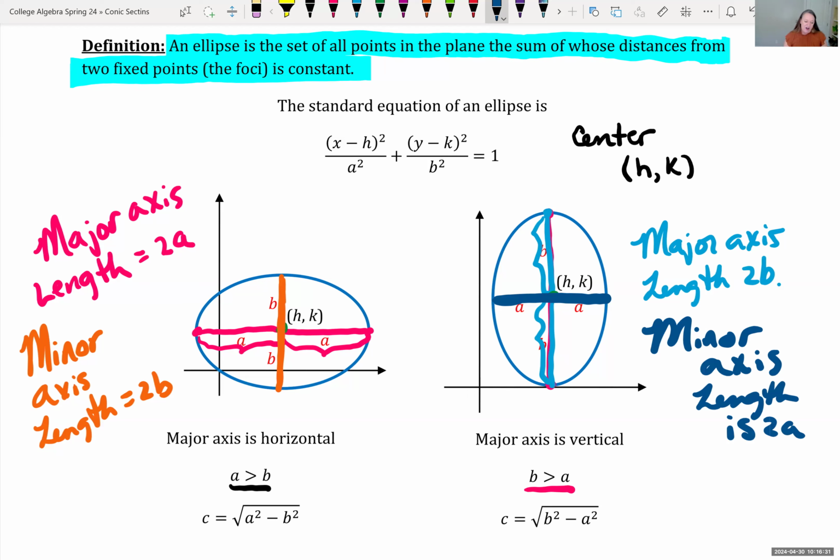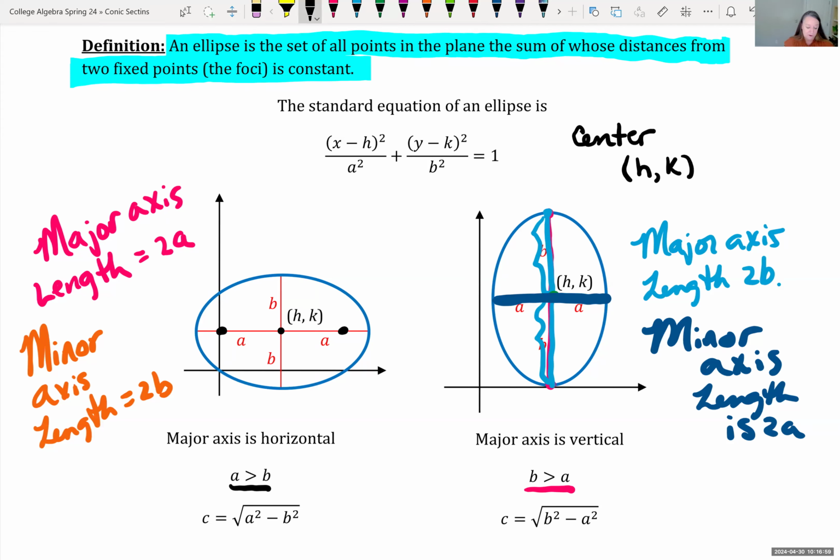The foci are always on the major axis. These two points always lie on the major axis, always inside the ellipse, and those are called the foci. For instance, we might have a focus right here and a focus right here.